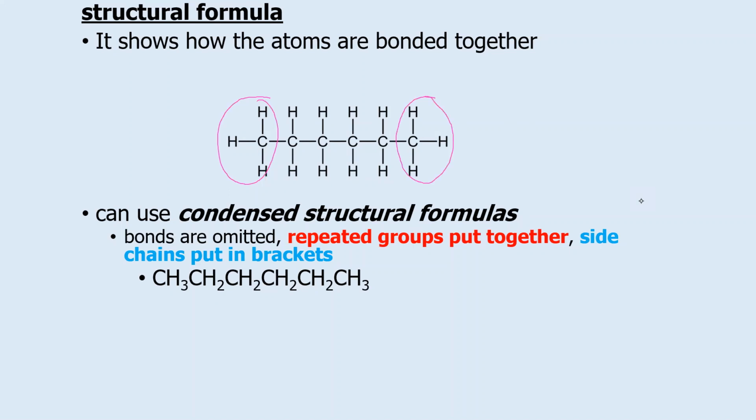So the structure can be represented as CH3, but in between there are 4 CH2 groups. So I can say it is CH2CH2CH2CH2 as I have shown here. But instead of that, if I want to show them combinedly, that means condensedly, how can I show it? I will say it is CH2, how many times? 4 times. And lastly, again it contains CH3. So this is the fact.